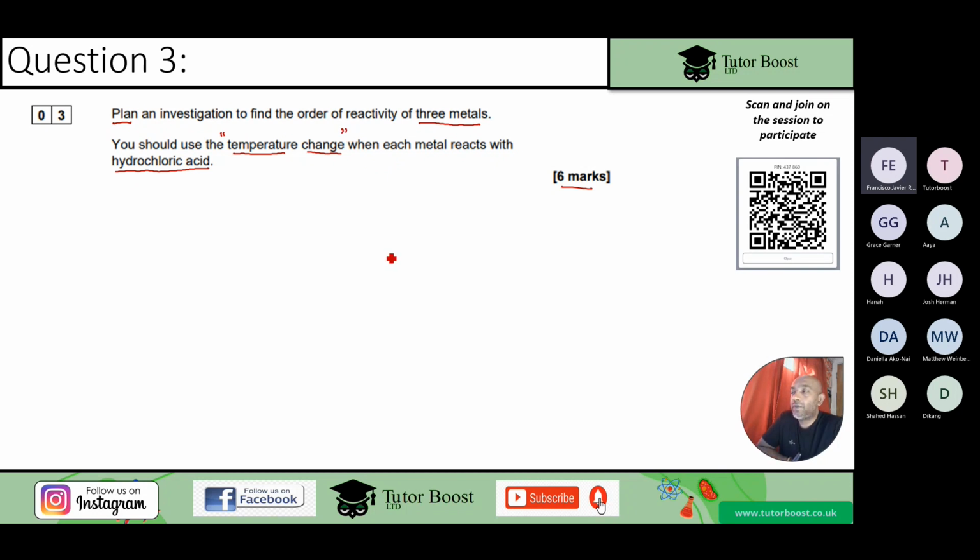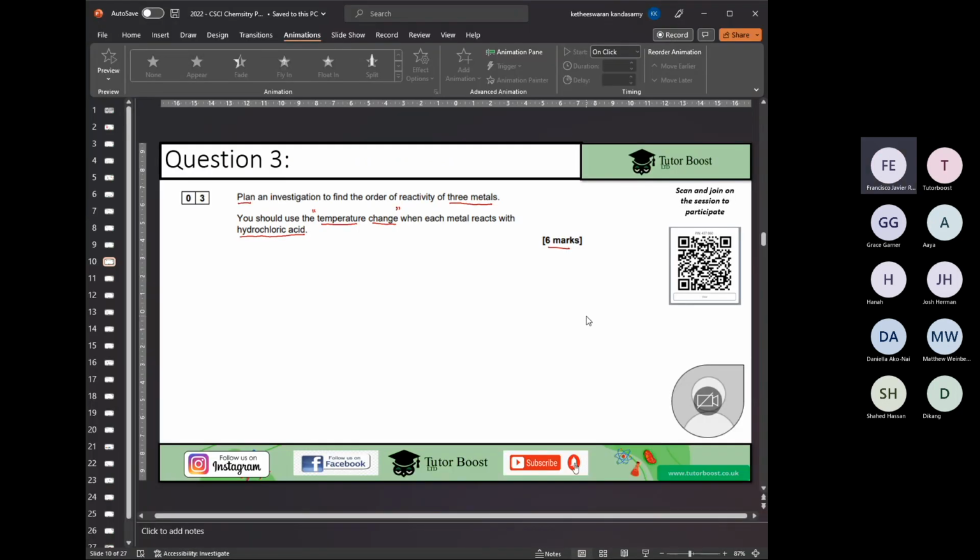So I'll give you a couple of minutes for you to see if you can write it in bullet points. Don't worry about going into detail. If it helps, draw a diagram. I'll give you 4 minutes. In order to get the 6 marks, make sure that your method is clear and it should lead to the production of a valid outcome.